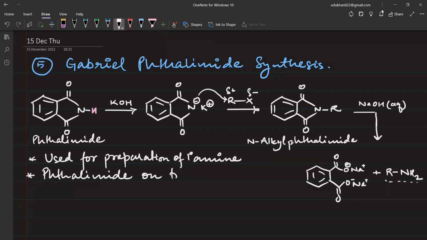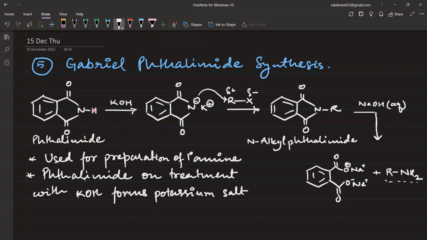Next. Phthalimide on treatment with KOH forms potassium salt of phthalimide.